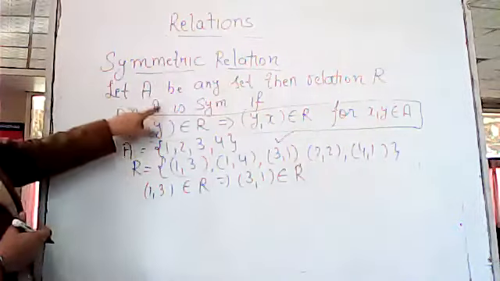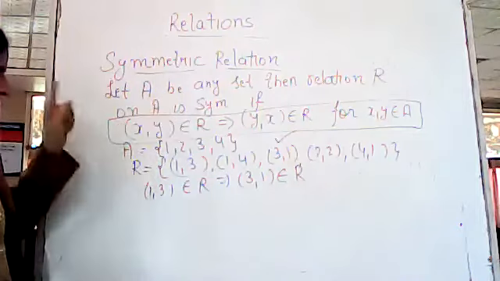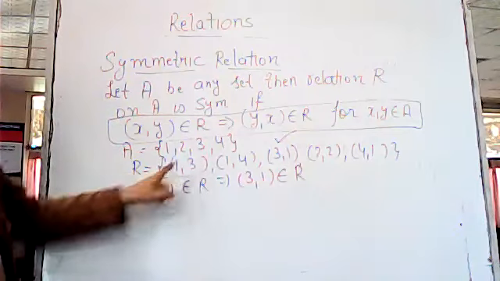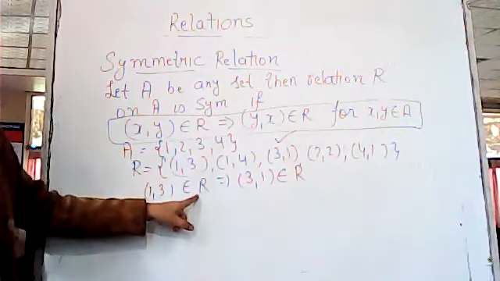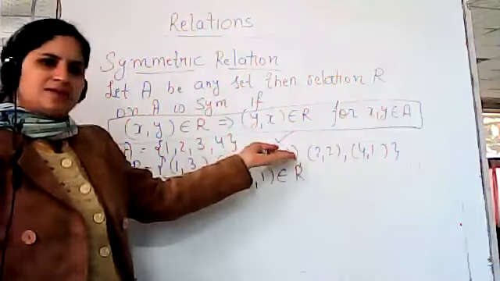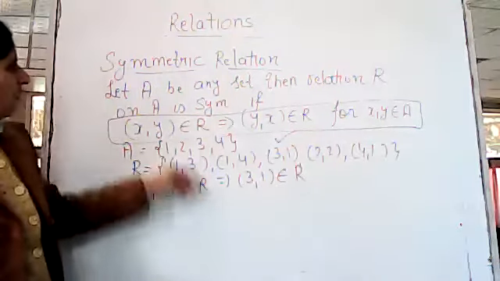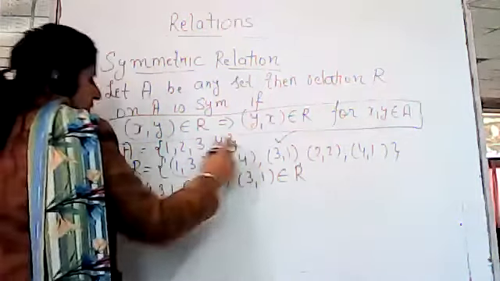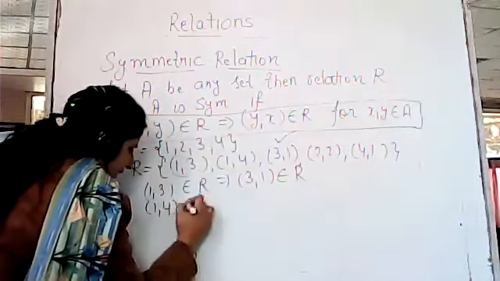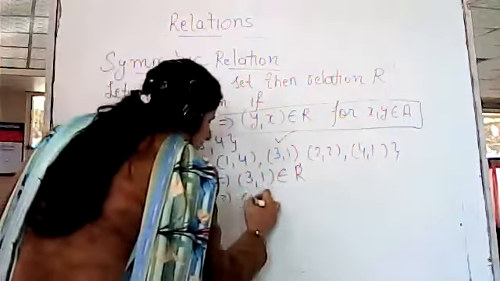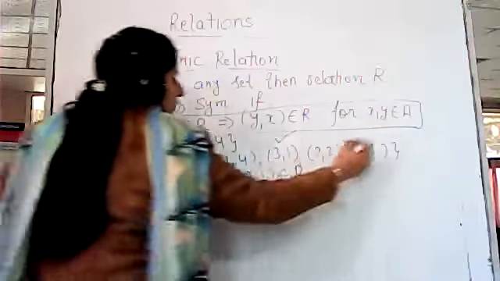It means the condition of symmetry is satisfied for the first pair. Now let us move to the second pair. What is the second pair? 1, 4. And what is the inverse of 1, 4? That is 4, 1. 4, 1 is also present in R.